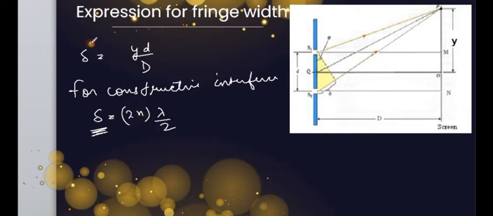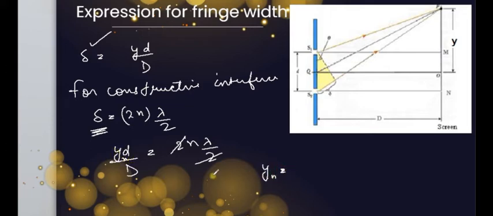Now the value of delta, yd by D, is equal to 2n lambda by 2, or you can say n lambda. This y is indicating the position of the nth fringe, so we write it as yn. So the position of the nth bright fringe came out to be n lambda D by d.